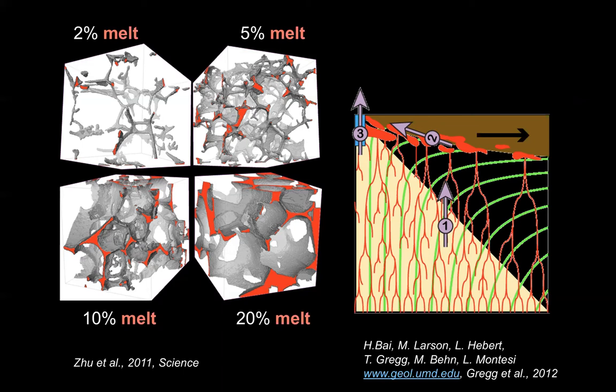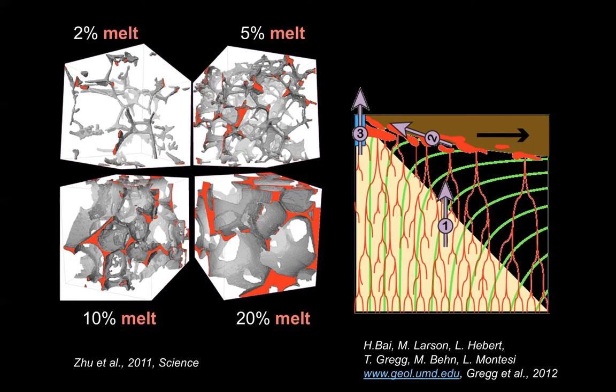If we increase the amount of melt volume to 5%, it will look more like the image at the upper right. 10%, we're looking at the image at the lower left, and then finally 20%.